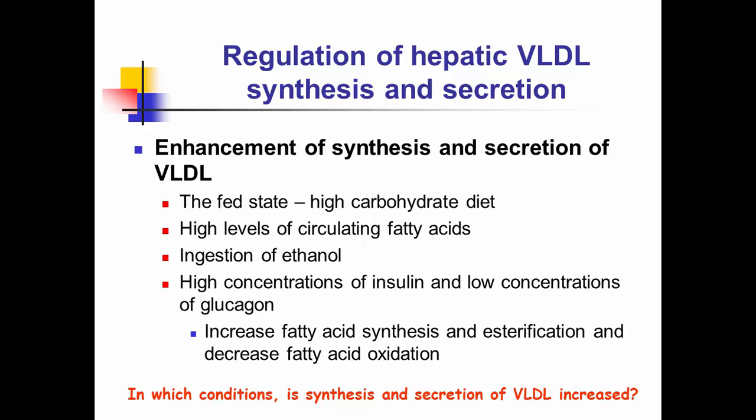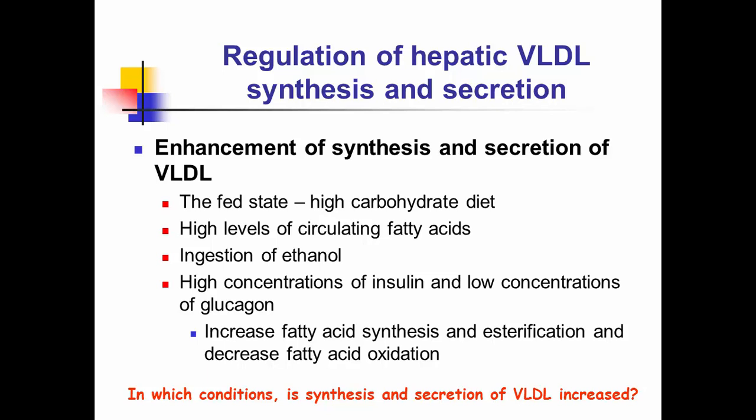So you guys are clear about the first, the fed condition, right? And the second is high levels of circulating fatty acids. And that's in the fasting, you said? Right, because your triglycerides are breaking down into fatty acids. Yes, yes.